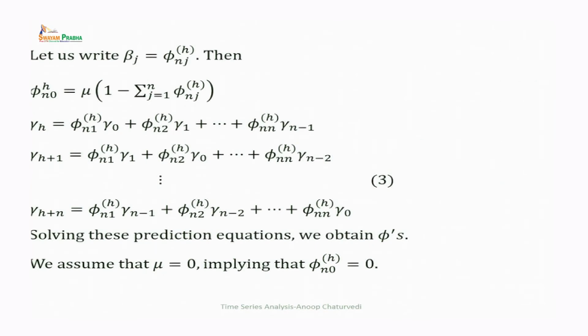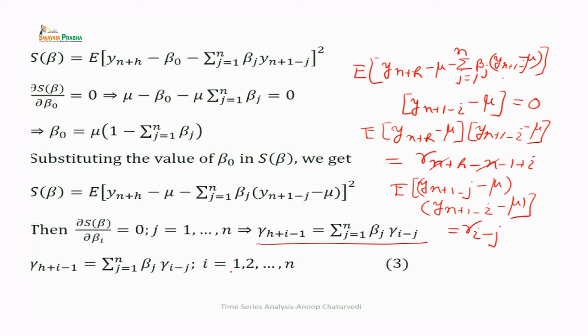Now, suppose we slightly change the notation, we write beta j equal to phi n j h. Then beta naught is equal to phi n naught h, which is equal to mu into 1 minus summation j equal to 1 to n phi n j h. Then for i equal to 1, what you get?